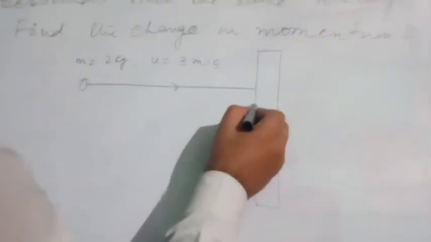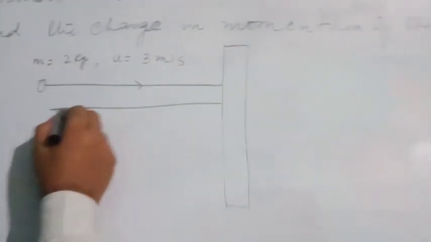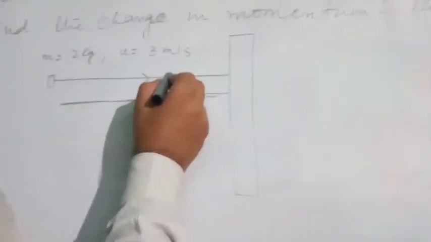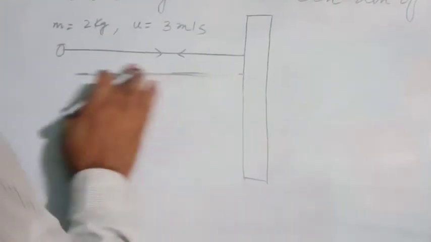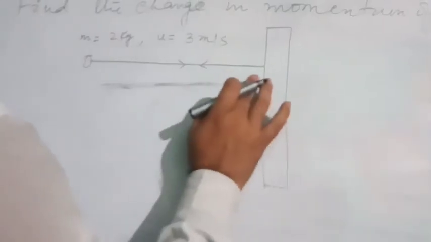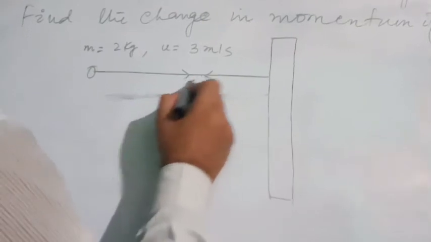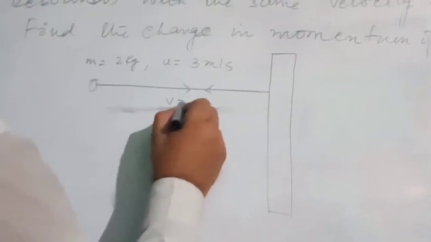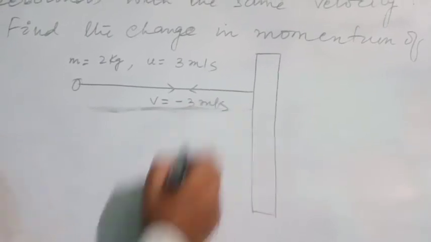After striking the wall, the ball comes back on the same path. I mean to say that it retraces, rebounds, comes back along the same path. Final velocity equals minus 3 meters per second.